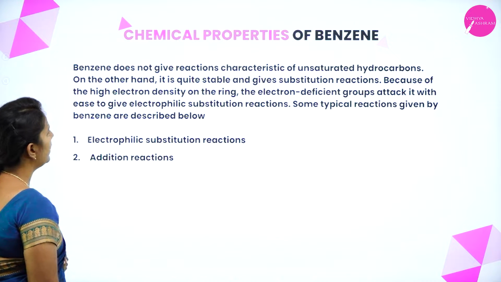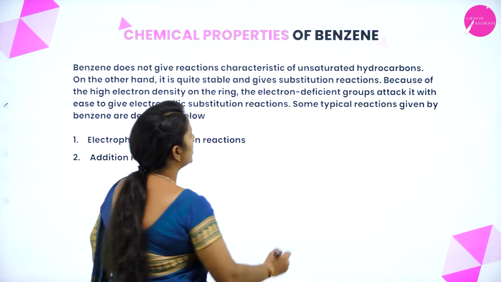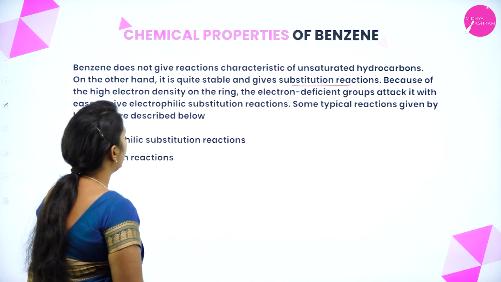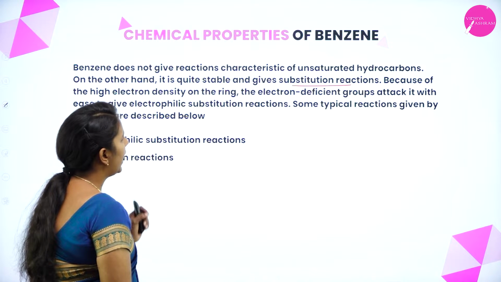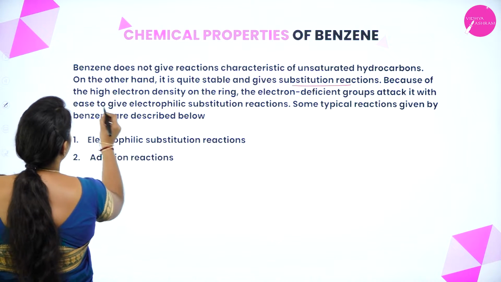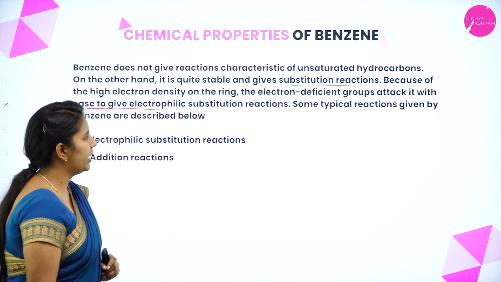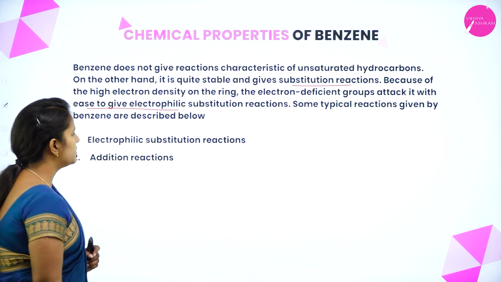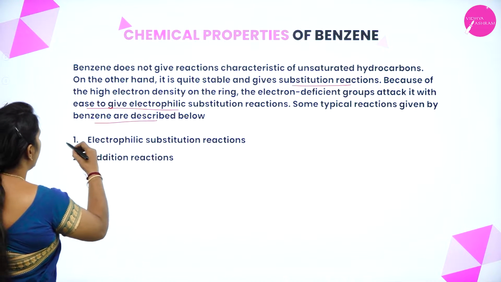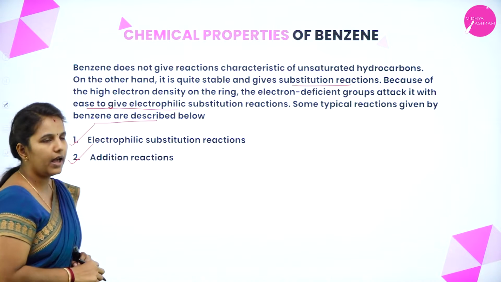On the other hand, it is quite stable and gives substitution reaction because of the high electron density on the ring, and an electron-deficient group can attack it to give rise to electrophilic substitution reaction. So the typical reactions exhibited by benzene are electrophilic substitution reaction and addition reaction.